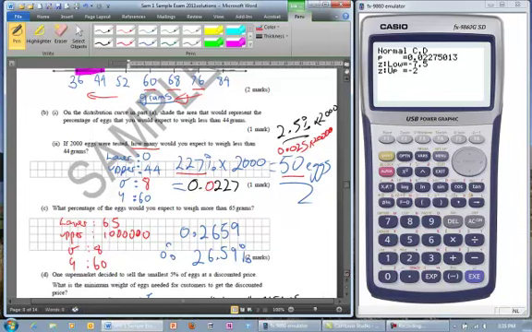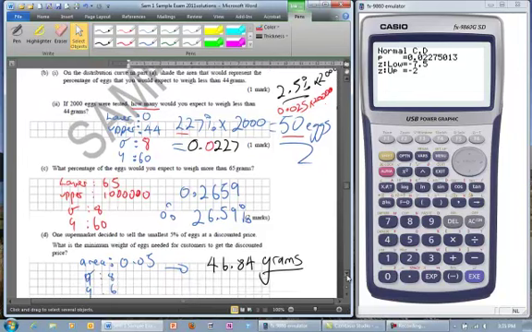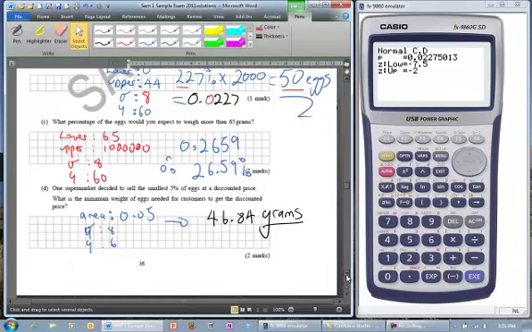The next part of the question says, what percentage of the eggs would you expect to weigh more than 65 grams? Once again we're using the lower and the upper. A bit of a trick here: your lower is 65, since they want 65 or above, so your upper you put as a very big number. Your standard deviation is still 8 and your mean is still 60.